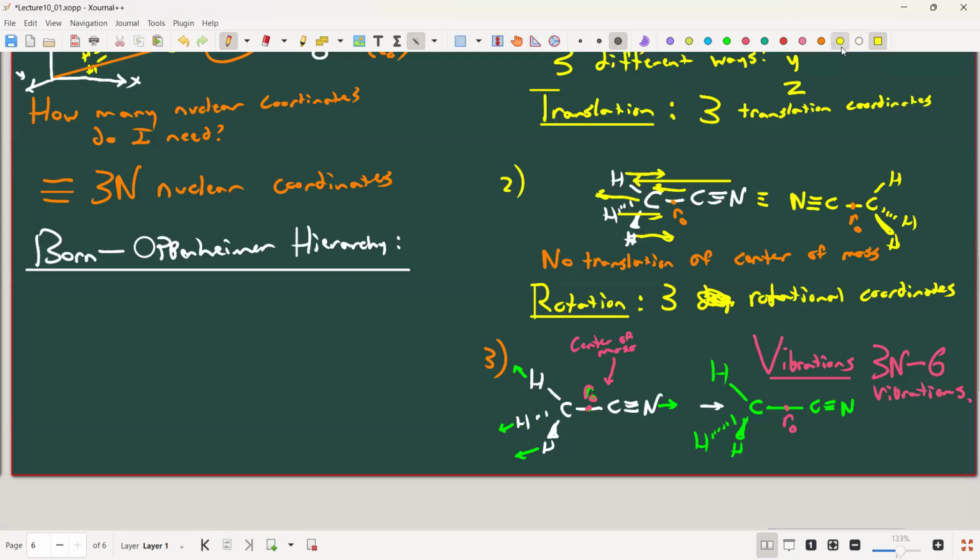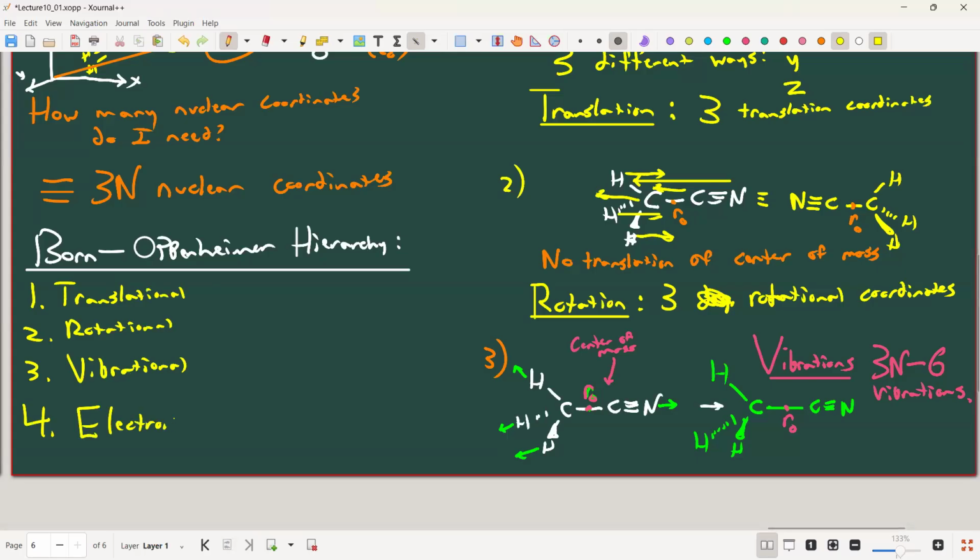There are 4 different types of motion. There's translational, there's rotational, there's vibrational, and there's electronic.